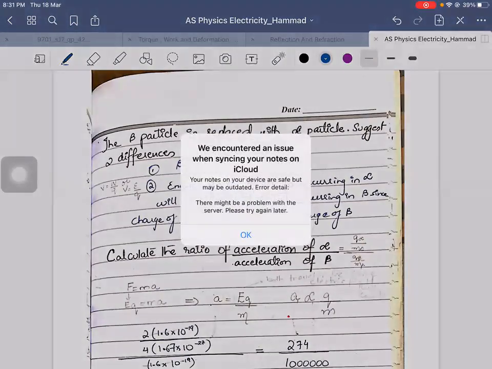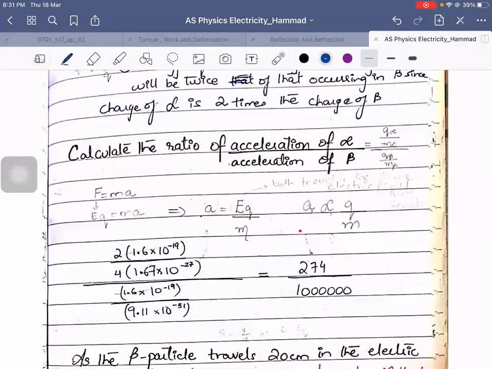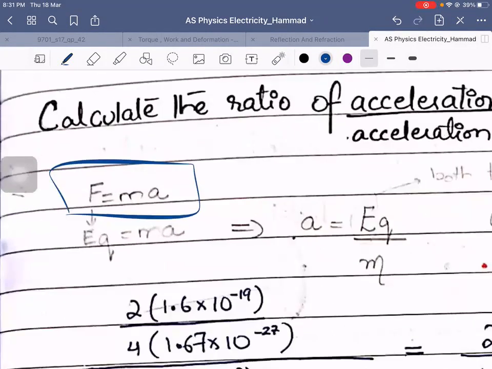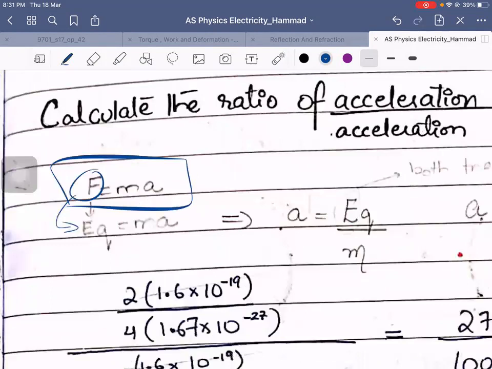Let's say you're asked to calculate the ratio of the acceleration of alpha to the acceleration of beta. Now you know for a fact that F equals ma, right? And the force in an electric field can be broken down into EQ. Make this entire equation in terms of acceleration, so that makes it EQ upon m.